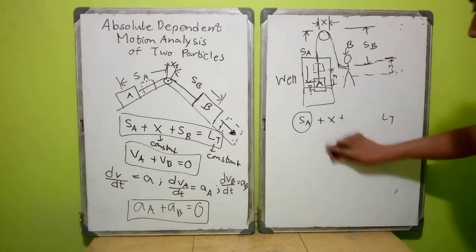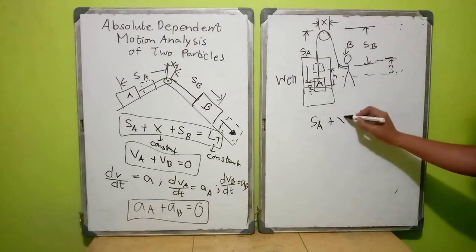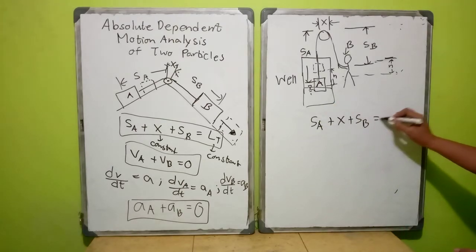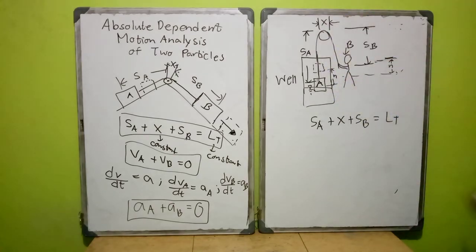So SA plus X plus SB is equal to the total length of this rope in this pulley.